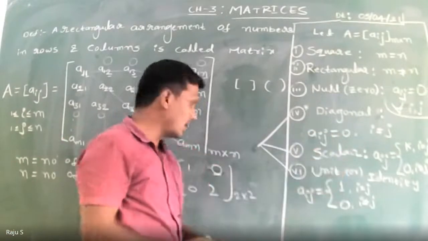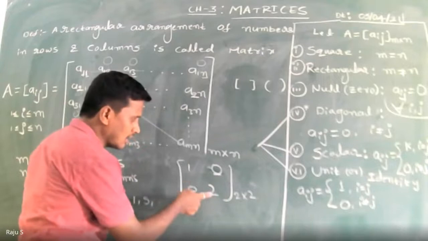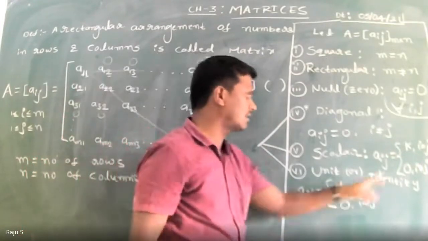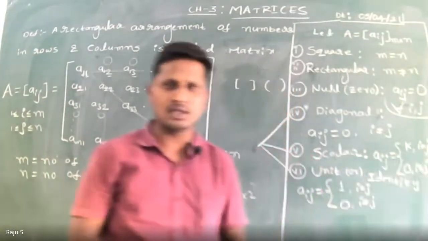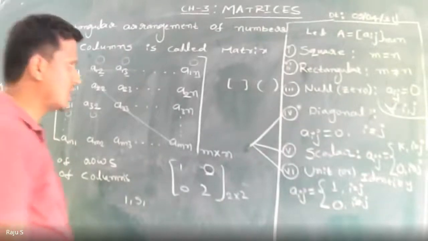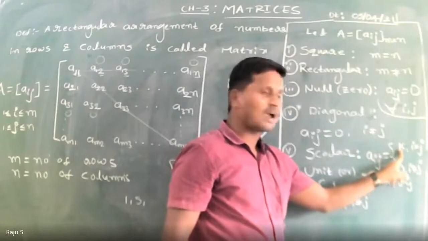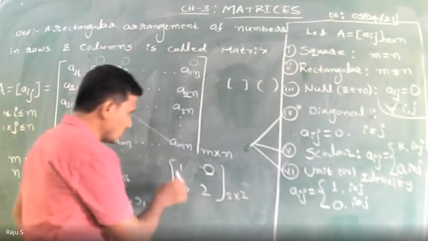Coming to scalar, this is a diagonal matrix, not a scalar. Scalar means that when i is equal to j, the value aij must be a constant, a scalar, a unique value.